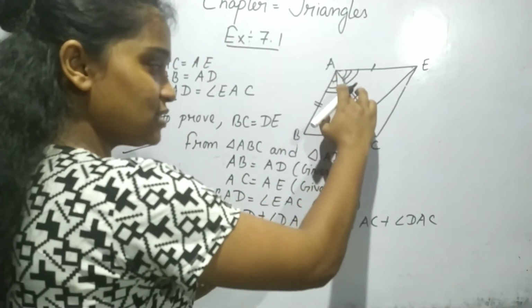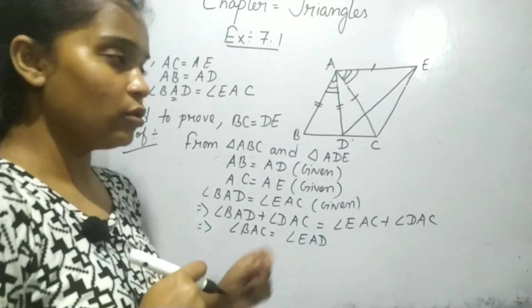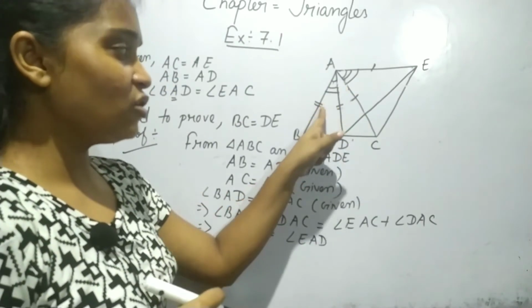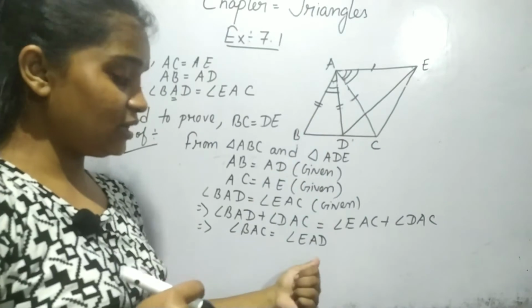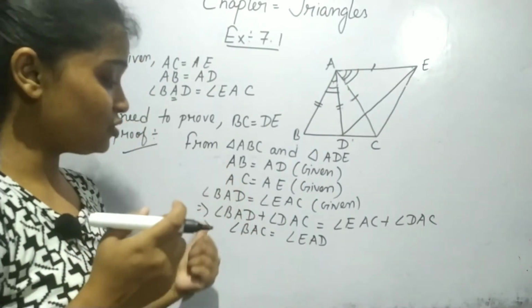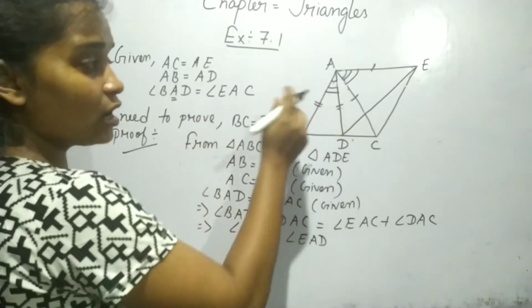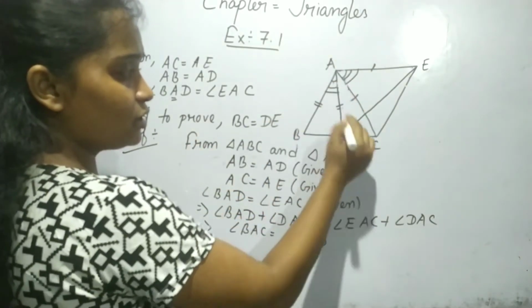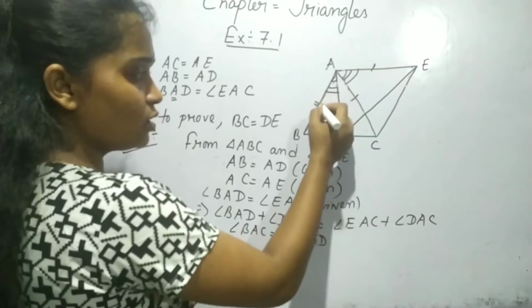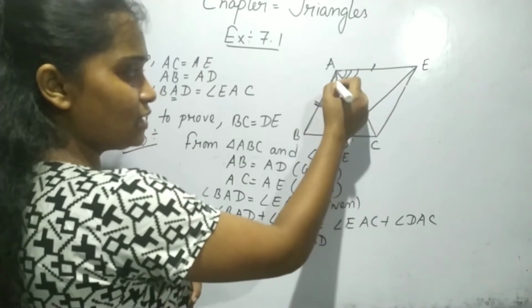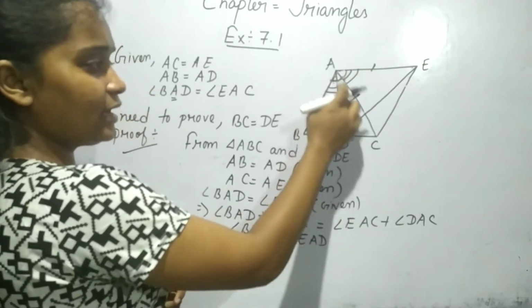This place was creating the problem, so I am adding this angle on both sides, and then we get these three parts. From this triangle ABC, I take this side and this angle, so this is side angle side.